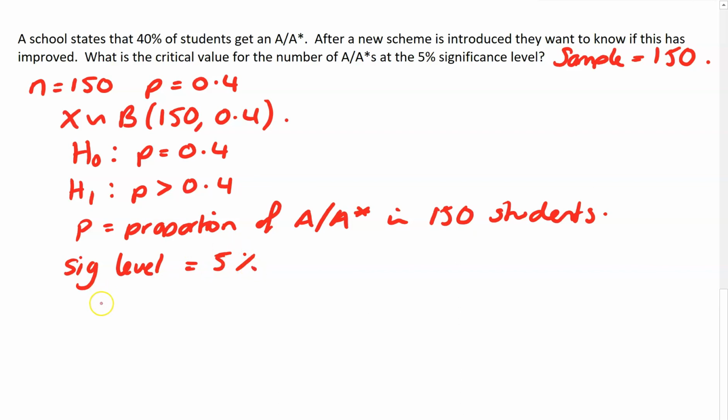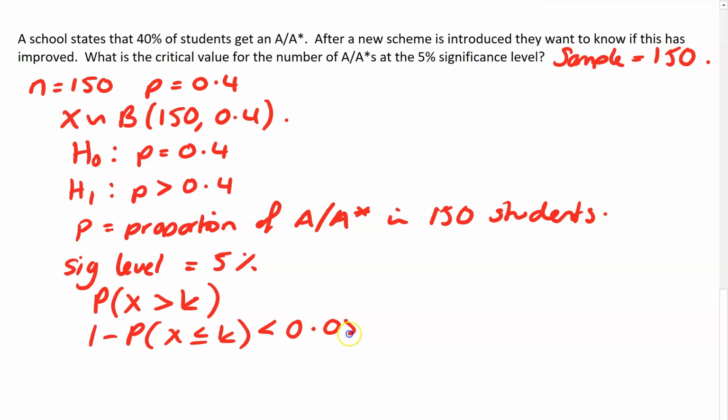And we are finding the greater than K again. So we're still going to have to do 1 minus the probability of X less than or equal to K in our calculator. And that's got to be less than 0.05. Which means the probability of less than or equal to K has to be at least 0.95.